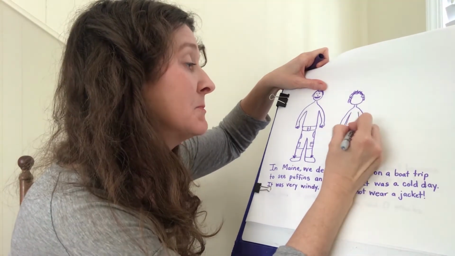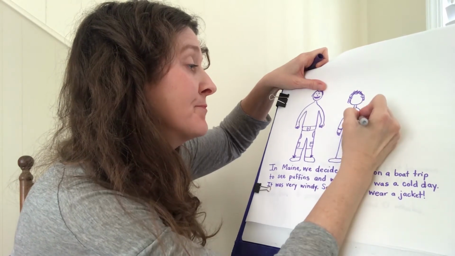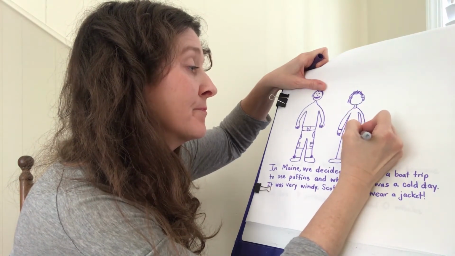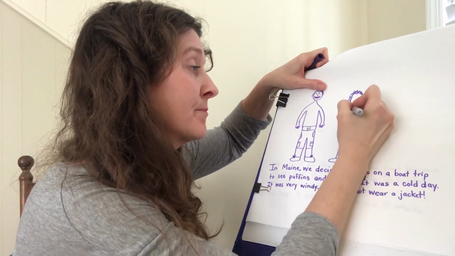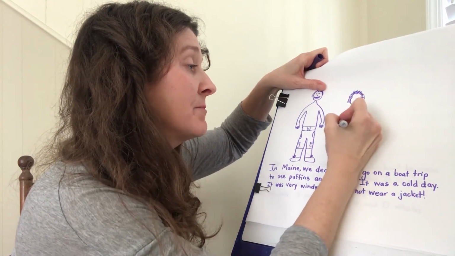Here are my pants with the belt buckle, and here's my jacket. Here's the buttons going down the front, and it was a high jacket.